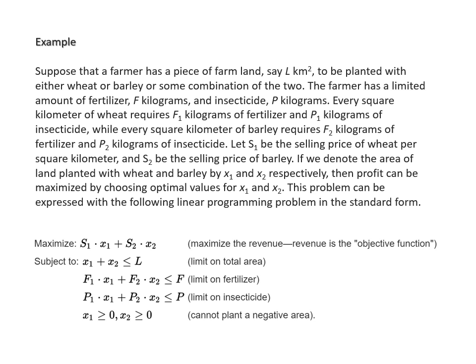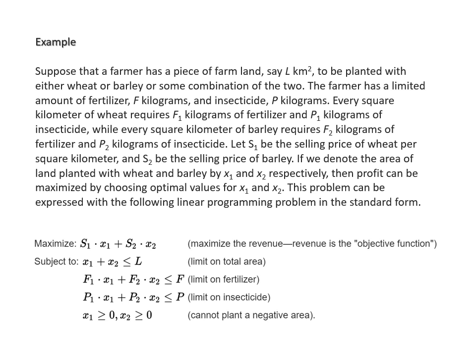So kilograms of fertilizer per square kilometer. And so we can define the total amount of fertilizer used for wheat as F1 times X1. And the total amount of fertilizer used on barley is F2 times X2. And so the sum of those two terms has to be less than or equal to the total amount of fertilizer we have, which is F.